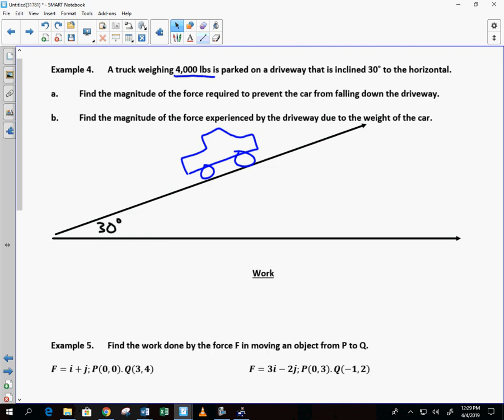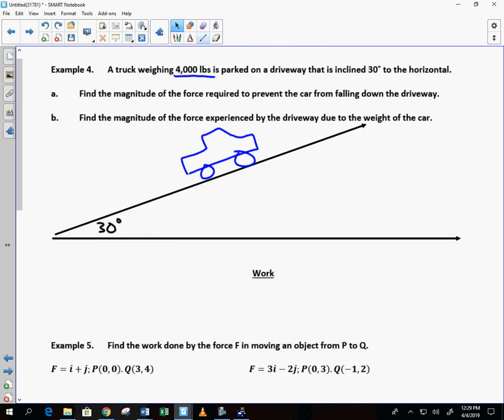We got the truck, and what we need to do is make some sense out of this because it's talking about a force against the driveway. It's talking about a force required to keep it from rolling down the driveway. And then it's talking about the 4,000 pounds of force. How do we measure weight?